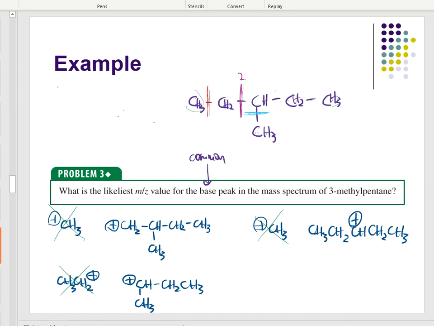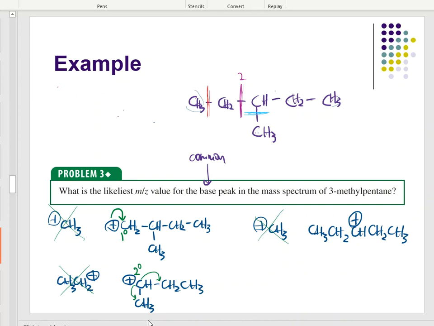They're all slightly different. So if I look at this piece, this positive is attached to a carbon that's attached to one other thing. This is a primary carbocation. This carbon is a carbon that's attached to 2 different things. This is a secondary carbocation.